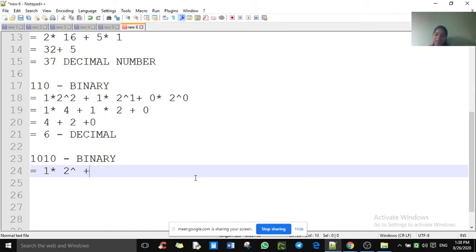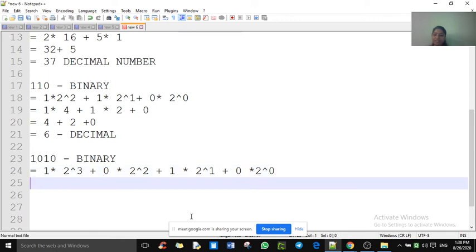Yes, ma'am. This is 1 into 2 to the power 3. Very good, Aisha. Next, 0 into 2 to the power 2. Very good. Next, plus 1 into 2 to the power 1. Correct. After that, plus 0 into 2 to the power 0. Correct.